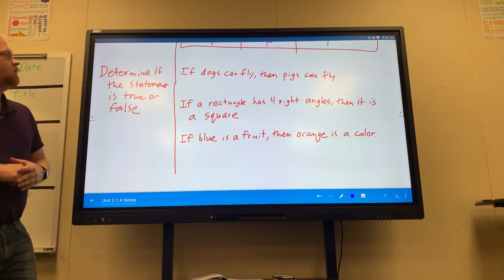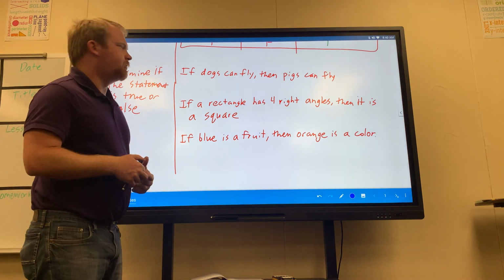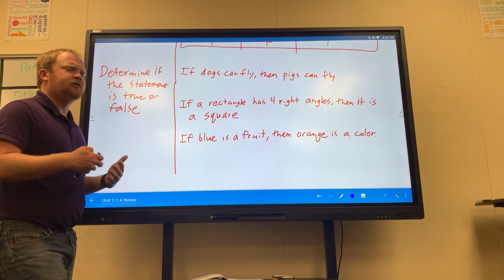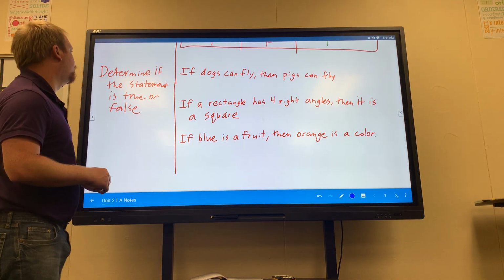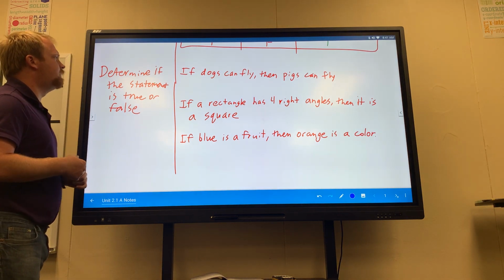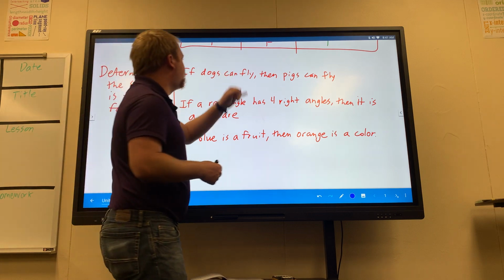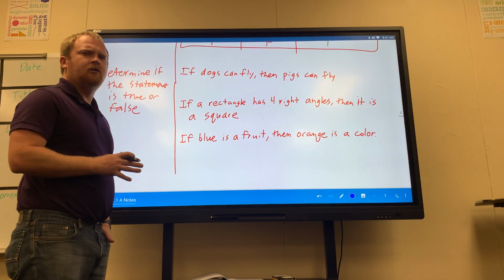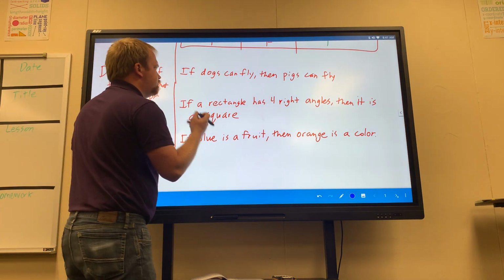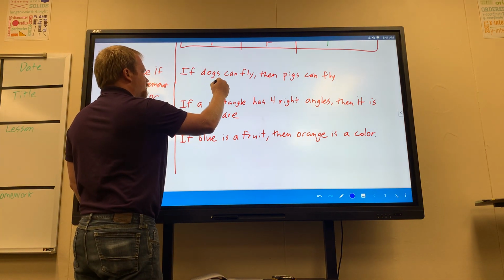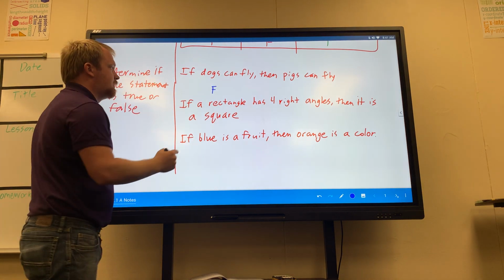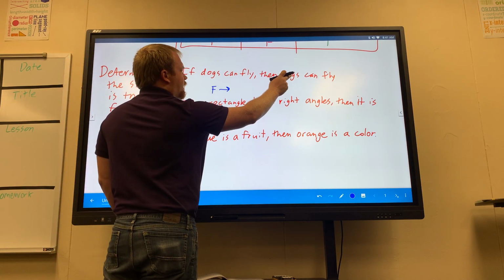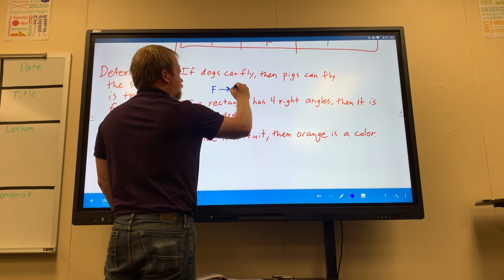Okay? Now let's practice figuring out whether the statement is true or false. Determine if the statement is true or false: if dogs can fly, then pigs can fly. Obviously dogs cannot fly, and pigs can't fly either.